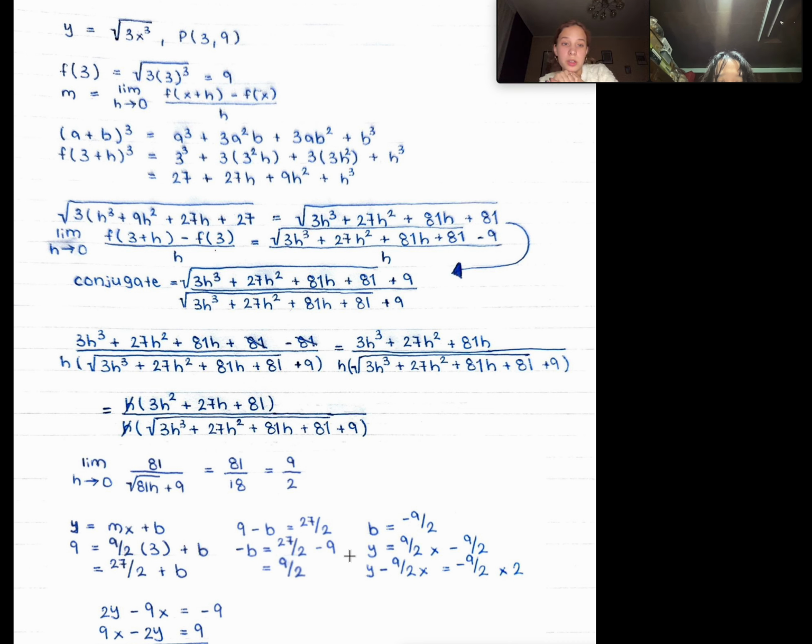This whole equation we multiply by 2 to get rid of the division by 2. Then we have 2y minus 9x equals minus 9. And then we will have 9x on the other side. We just put it in a different direction, I would say. 9x will stay here, minus 2y is still here, and 9 will stay here. So this is the end, and we did find the slope of the tangent and the equation.